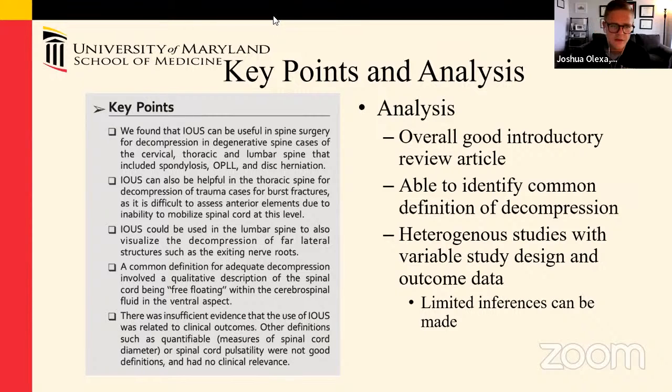But it was kind of looking at this technique to show decompression. But the indications across the board, they didn't use anything for intradural. I don't really know why they excluded that specifically, but that was not the primary focus of their paper. They wanted to look at extrinsic compression and then the evidence of immediate decompression.